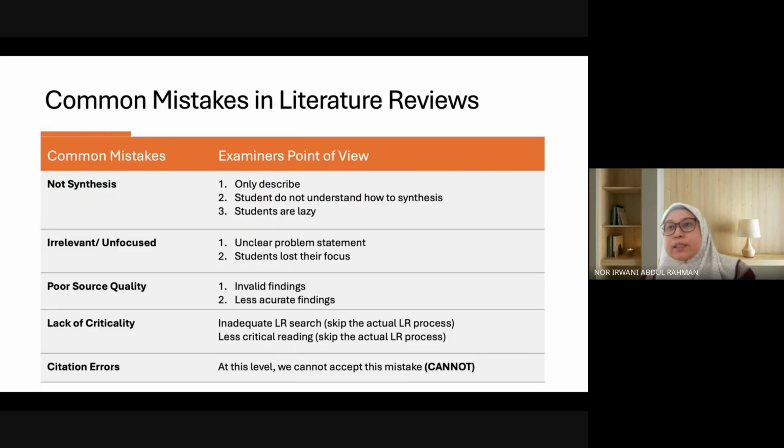They said that kind of tool will make the student skip the actual thesis preparation process, because everything is faster, everything can be done by AI, ChatGPT, Scholarly, you can subscribe.